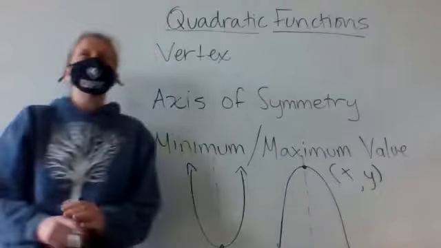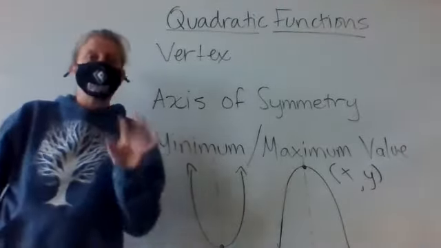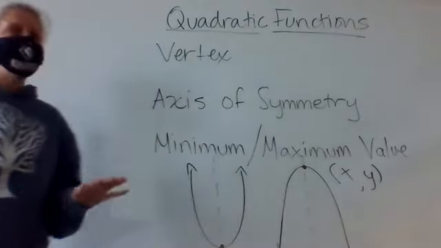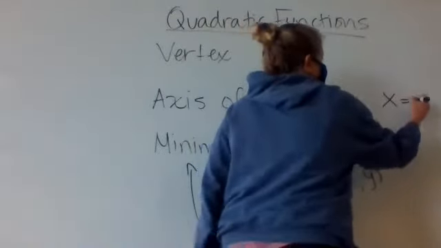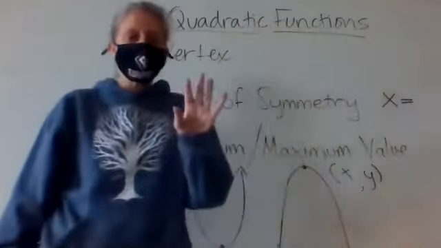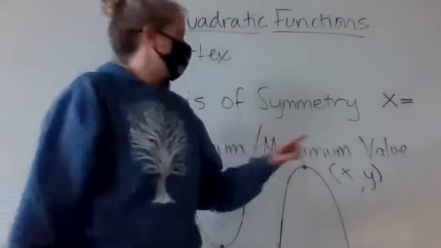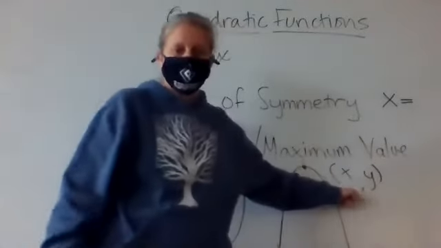So when you are talking about the axis of symmetry and you are asked to write the equation of that line, the equation of all vertical lines are always x equals a number, and it's always just going to be x equals whatever the x-coordinate of your vertex is.